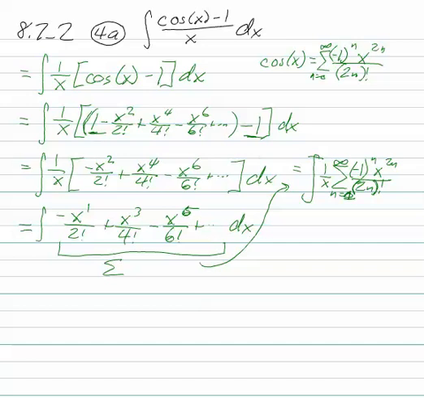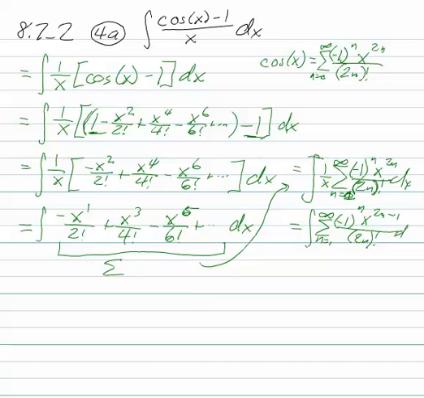We're no longer dealing with this cosine over x, because you've got 1 over x times a series, dx. Should keep that on there. This is the integral of the series, negative 1 to the n, x to the 2n minus 1, because you just divide all of those terms by x, over (2n) factorial, from n equals 1 to infinity. We could rewrite it to start with n equals 0, but that's not very helpful.